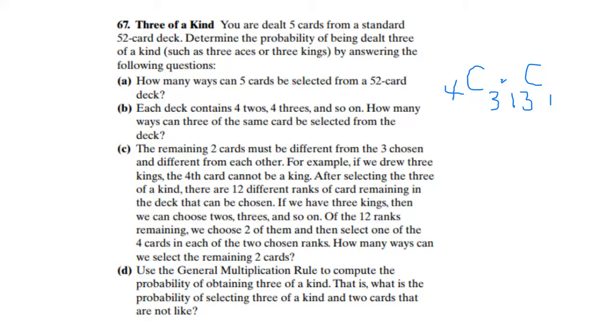But then I have to pick cards, and I can't pick a 4, because if I picked another 4, I would have 4 4s. And I said I only wanted to have 3 4s. So if I picked 3 4s, there were 52 cards to start with, and I've already spent 3 of them, so I have 49 cards left.